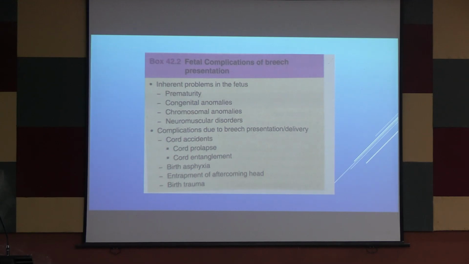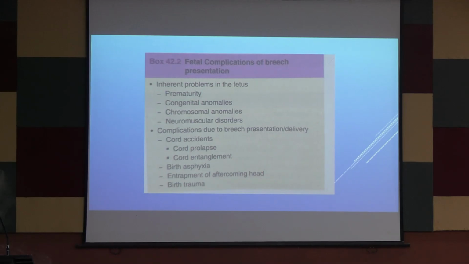But in case of complete breech and incomplete breech, that is footling presentation, etc., there is every chance of cord prolapse, cord entanglement that may occur in that position. And during delivery, there may be birth asphyxia, entrapment of aftercoming head. This is the difficult portion.